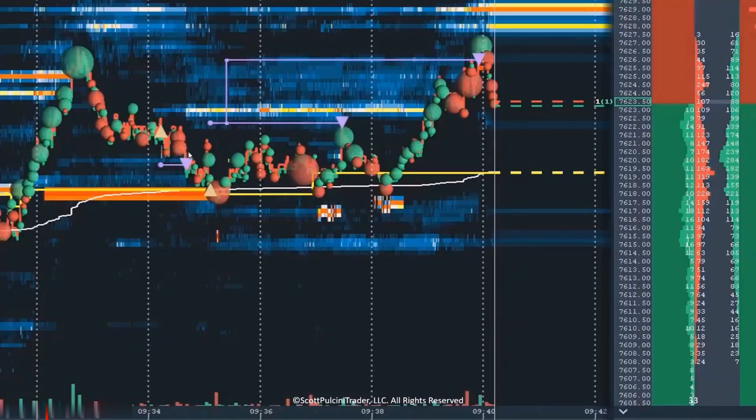This is about 1.5 points, about 6 to 7 ticks loss, but this gave me 4 points here plus another almost 8 points move from here to over there. So it's okay to take losses as long as you get out immediately when you see the volume coming against you and look for the next opportunity.